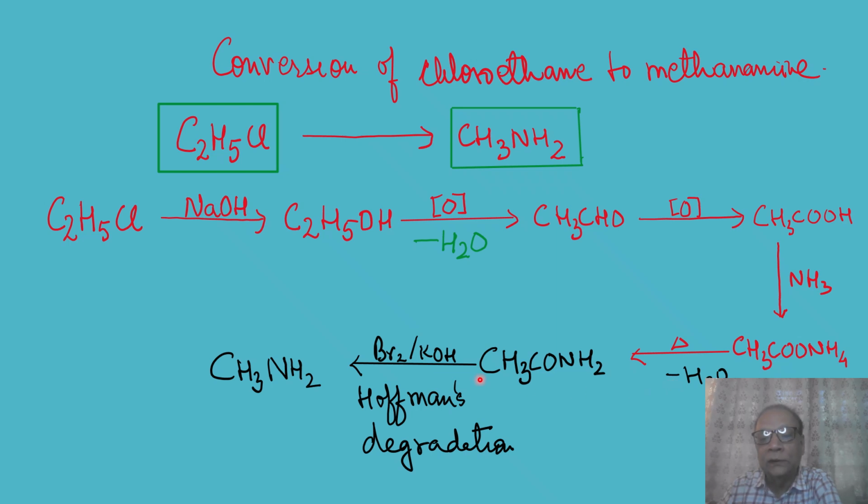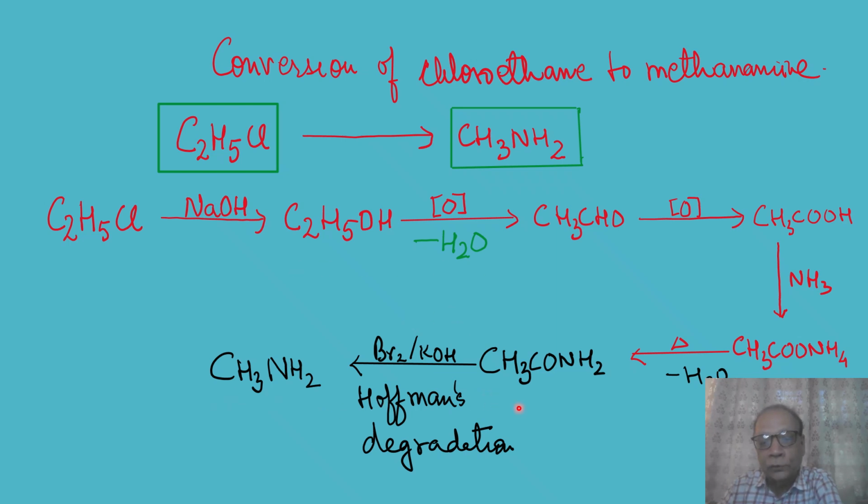We get ethanamide. Once we arrive at ethanamide, we react ethanamide with bromine in KOH solution, that is Hofmann's degradation, because this two carbon compound is now going to be converted to a single carbon compound, and that is the product that we need, methylamine or methenamine.